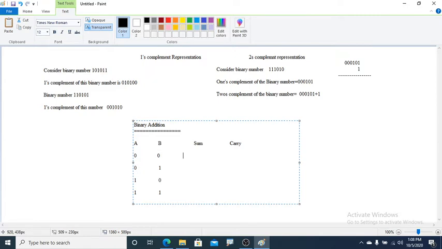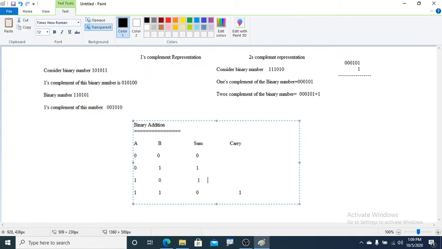What is the sum of these two? 0. What is the sum of this one? 0 plus 1 is 1. 1 plus 0 is 1. 1 plus 1 is 0, and we have to take carry here. So sum is 0, carry is 1. We have to consider carry here.